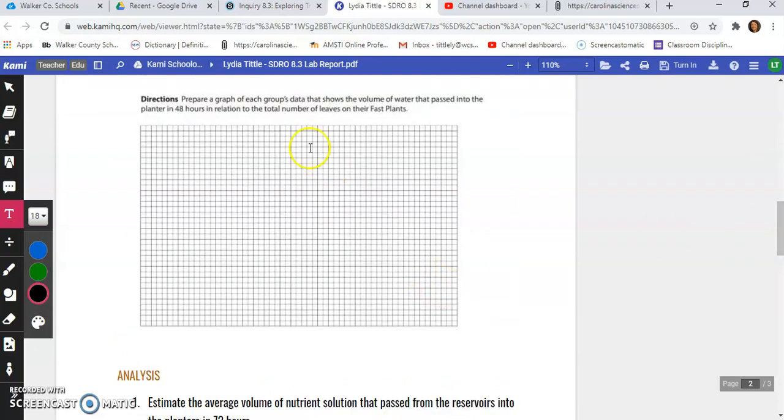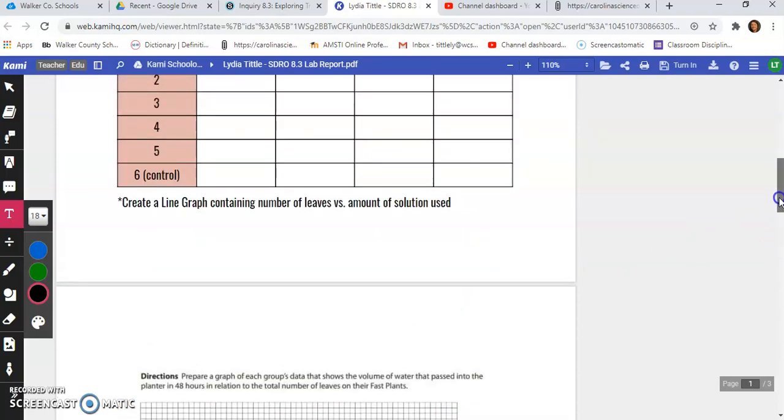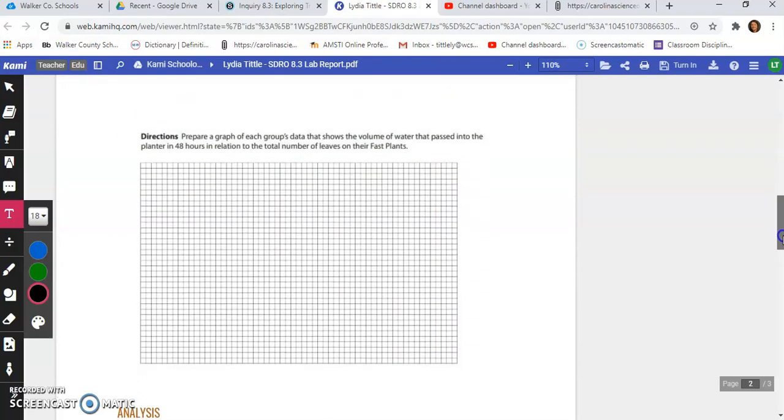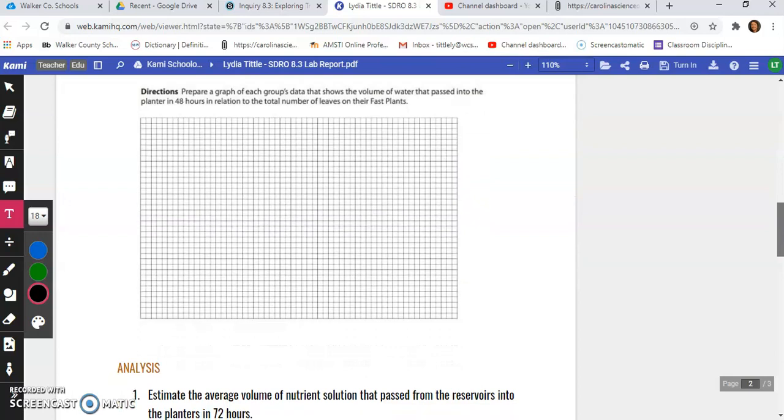Okay, then we have room to make our line graph. Our line graph is going to show the number of leaves versus the amount of solution used. So we're going to put the number of leaves across the bottom. We'll create a scale for that.